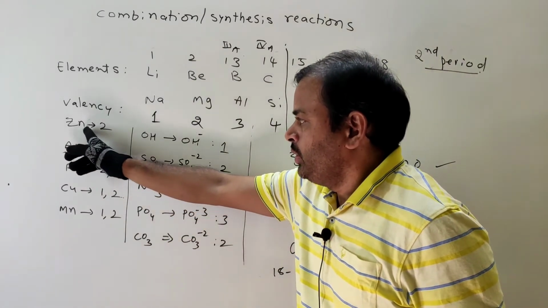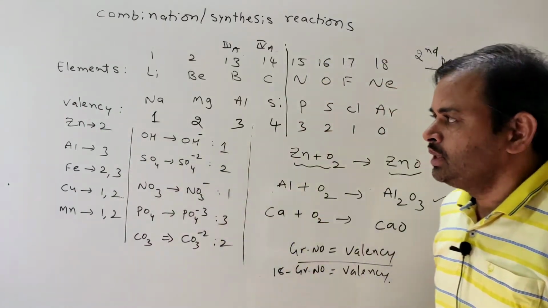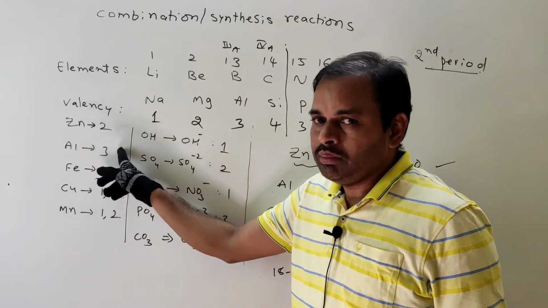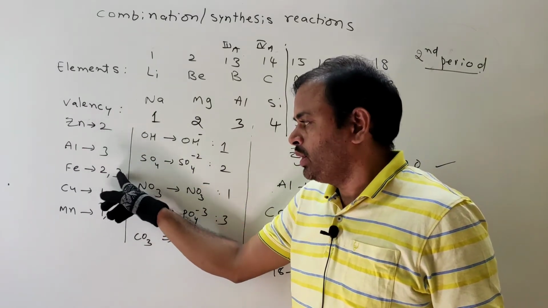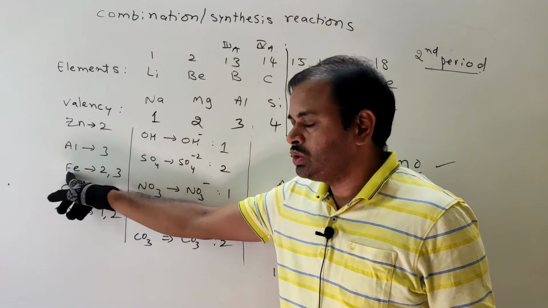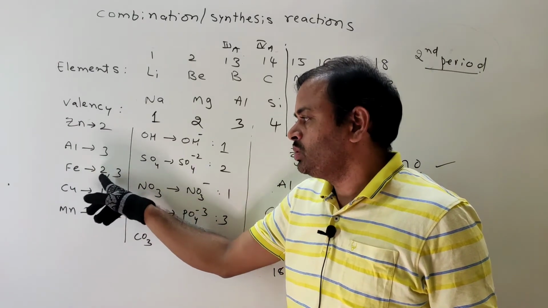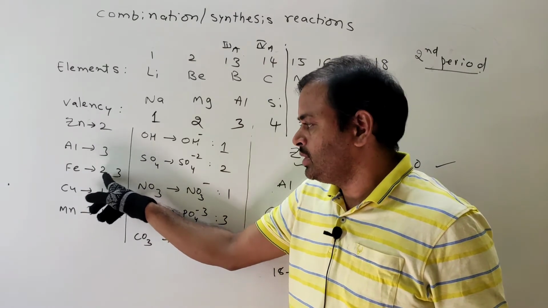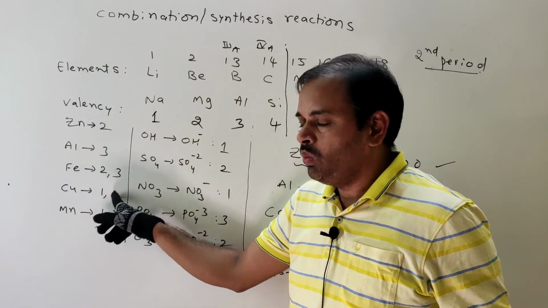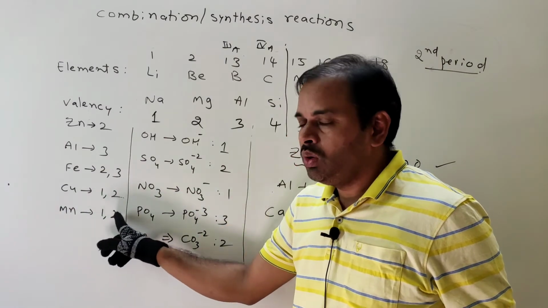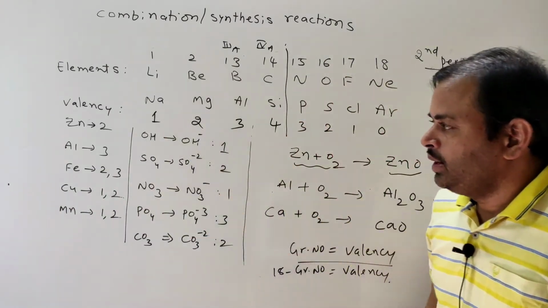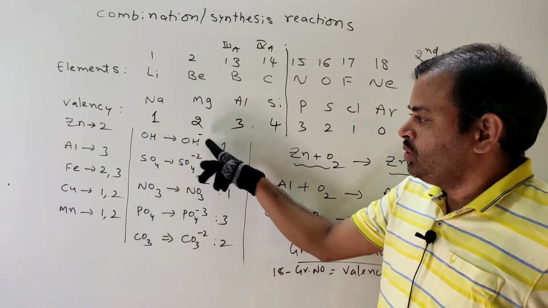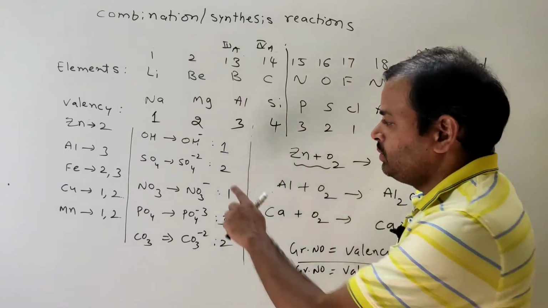Now you should remember some elements' valencies. Zinc 2, aluminium 3, iron 2 and 3: it shows variable oxidation states, so it shows variable valency, 2 and 3. Copper 1 and 2, manganese 1 and 2. And some negative ions: OH exists as OH minus, so its valency is 1.